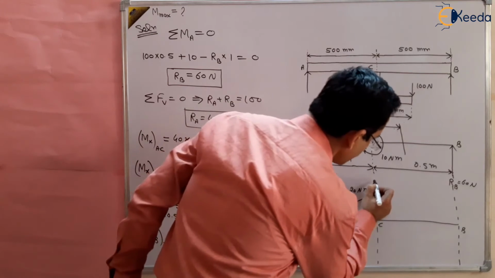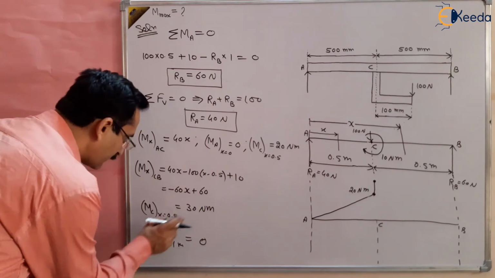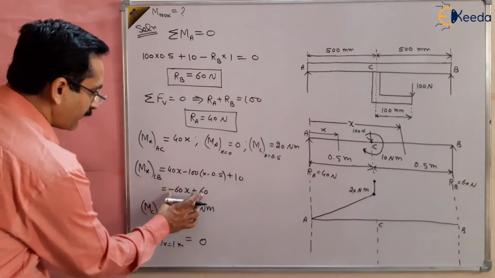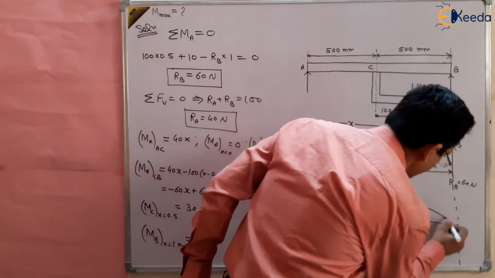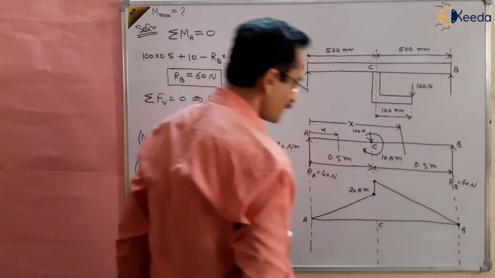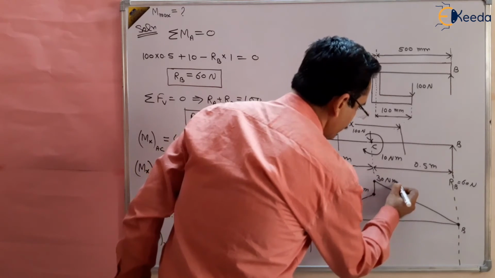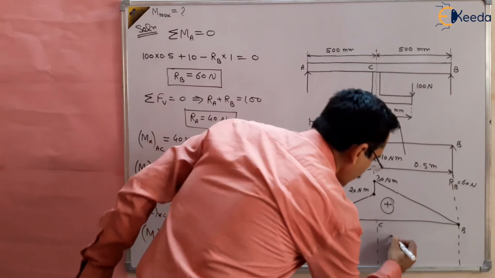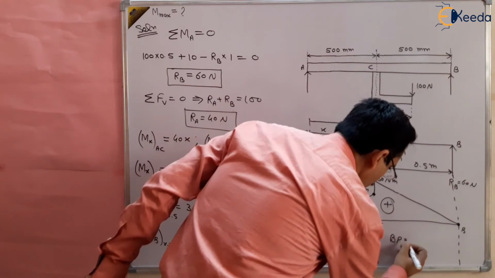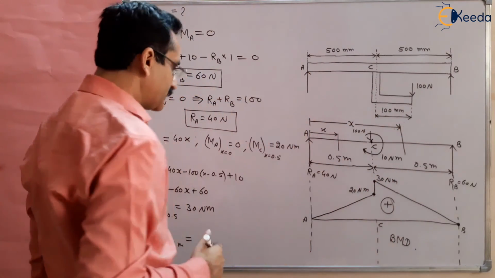And then from C to B, 30 to 0, a linear variation like this. So 20 Newton meter to 30 Newton meter, and then this is 0. So this is the bending moment diagram of this simply supported beam.